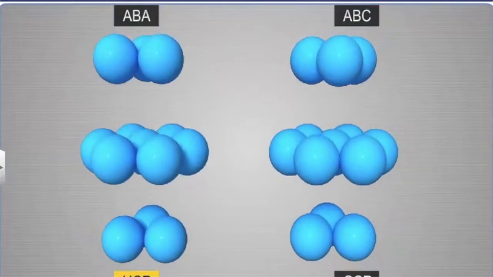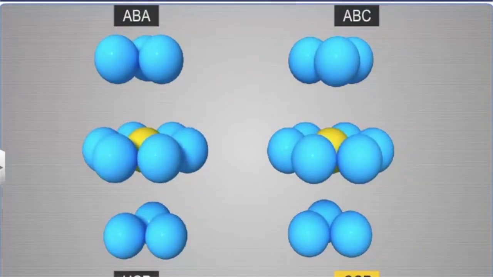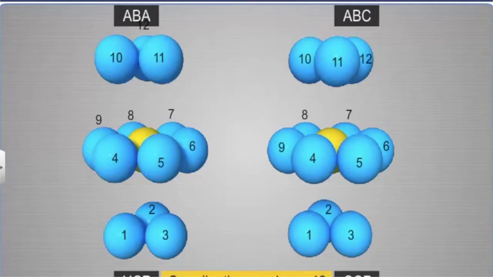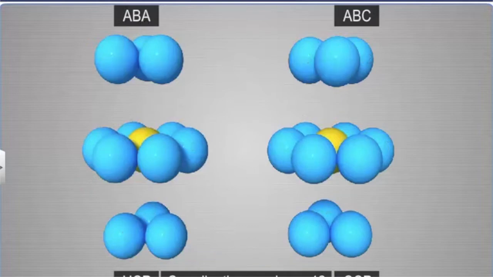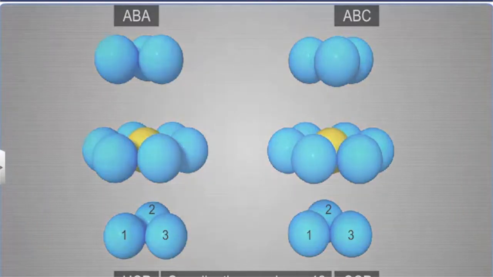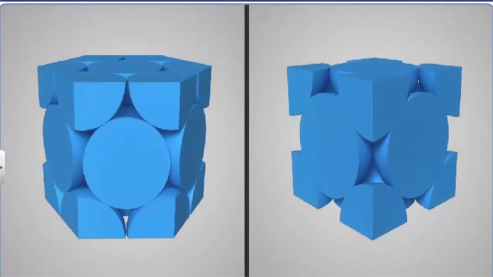Both these types of close packing are highly efficient and 74% space in the crystal is filled. In either of them, each sphere is in contact with 12 spheres. Thus, the coordination number is 12 in either of these two structures.